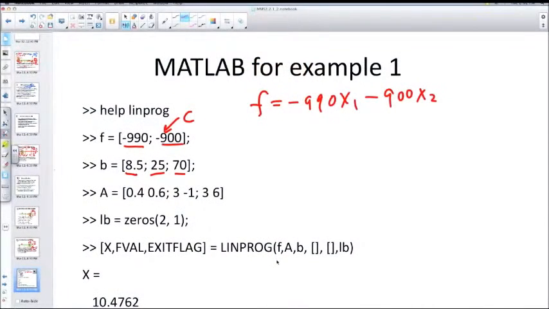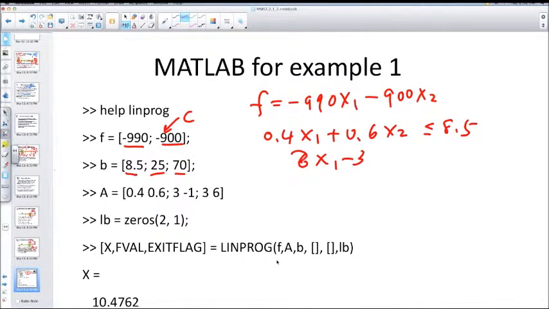And the first constraint is 0.4 x1 plus 0.6 x2 less than 8.5. And 3 x1 minus x2 less than 25. And the 3 x1 plus 6 x2 less than 70.